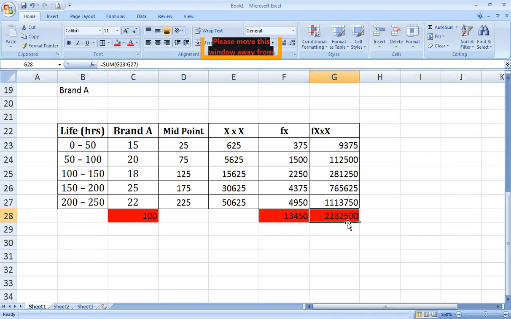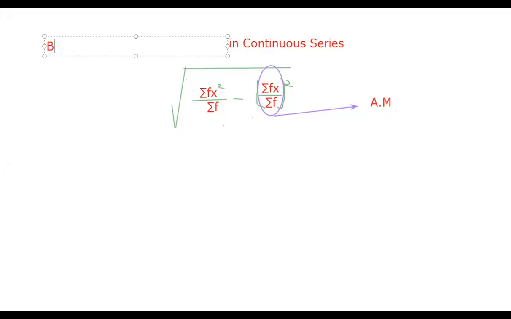Let me do this on the whiteboard. Just remember these values. This is for brand A. What is our sigma fx square?